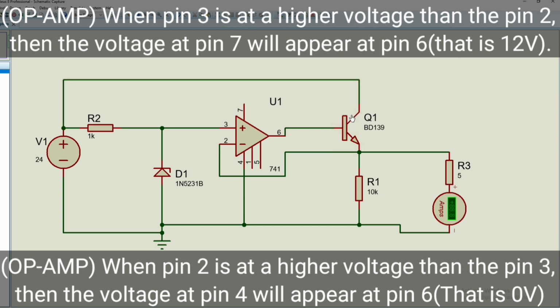This connection will break down and the voltage will start decreasing. The moment it decreases to 4.9, with 4.9 at this terminal and 5 here, it will again conduct. Higher voltage will appear over here, this will start conducting, and again the voltage will be increasing.